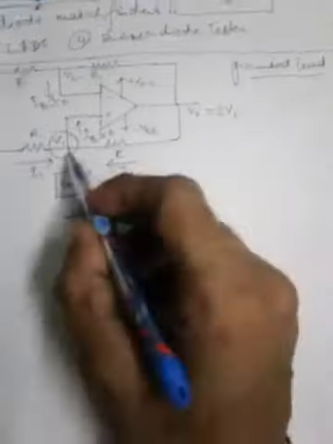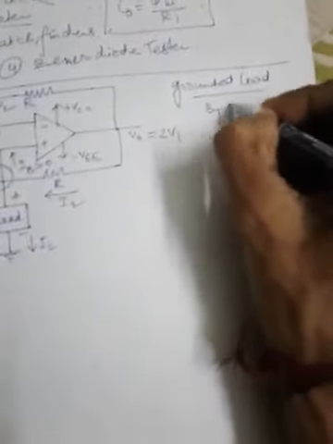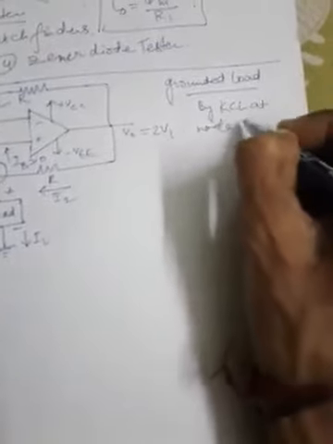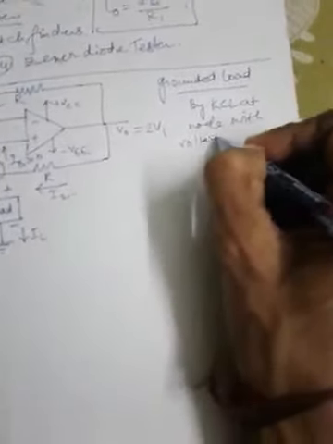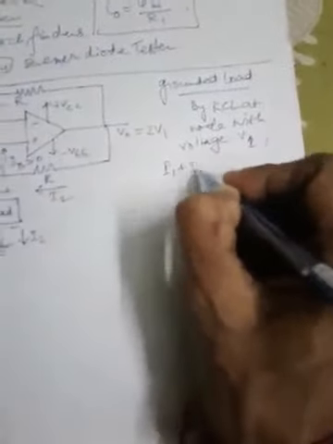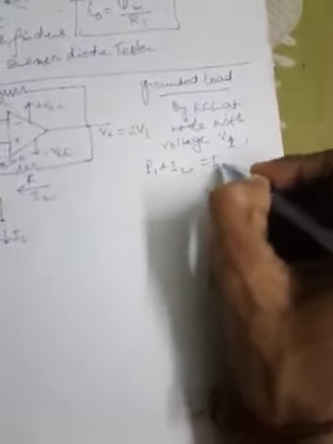Now if we apply KCL at the node with voltage V1, we find that I1 plus I2 is equal to IL.